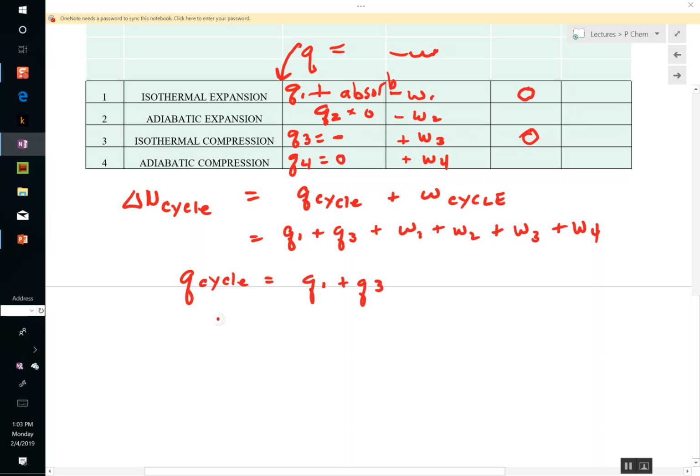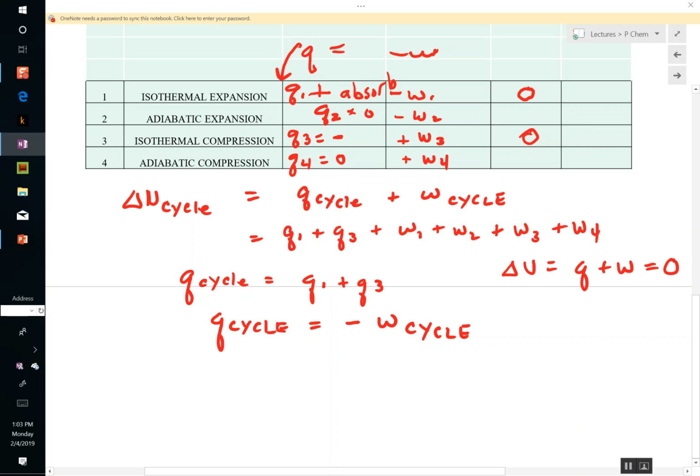The heat of the cycle is going to equal the work of the cycle. And that's just flowing out of your delta U equals Q plus W.